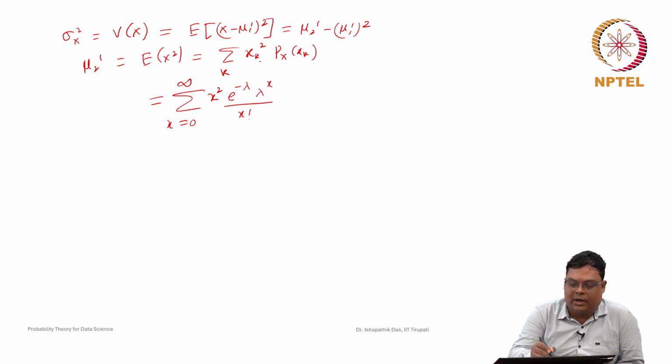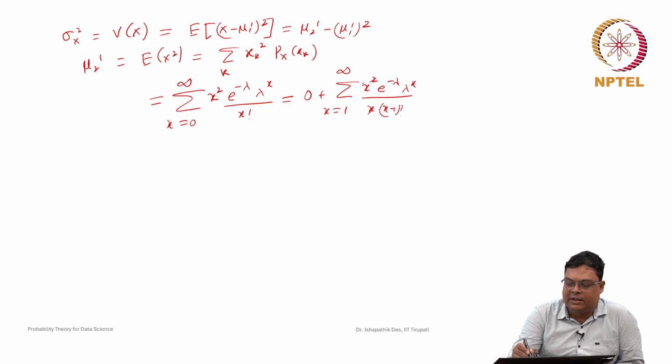So, we have x square times e to the power of minus lambda, lambda to the power x by x factorial. Now, for x equal to 0 the term is 0, plus the summation for x equal to 1 to infinity of x square e to the power of minus lambda, lambda to the power x, and x factorial we can write as x into x minus 1 factorial.